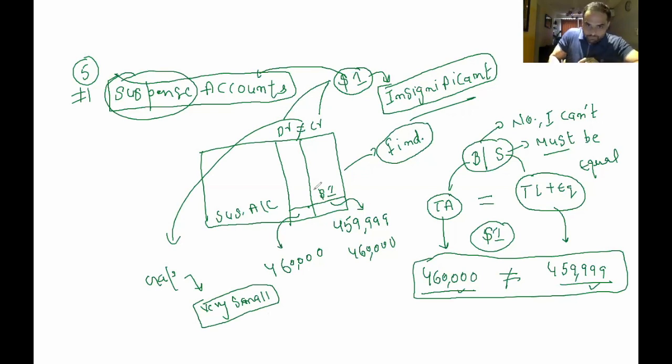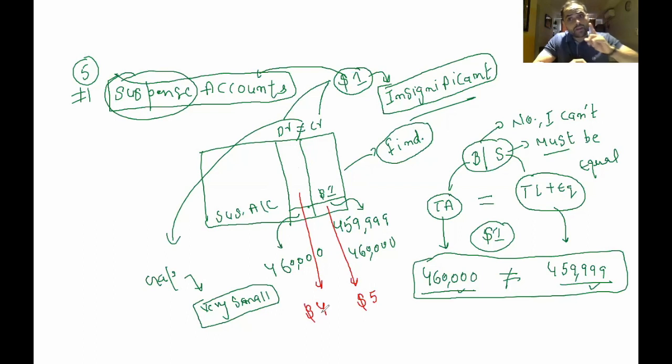For example, let's say my credit side balance is $5, all right, and debit side balance is $4, a $1 difference, all right. Now, can you tell me, is this $1 difference a big difference or a small difference?